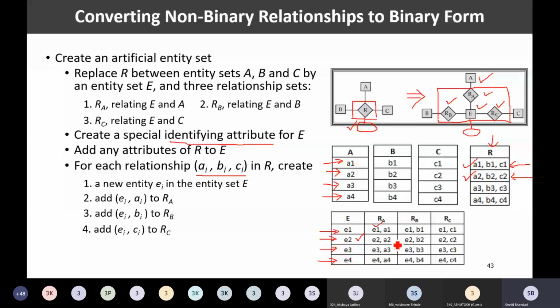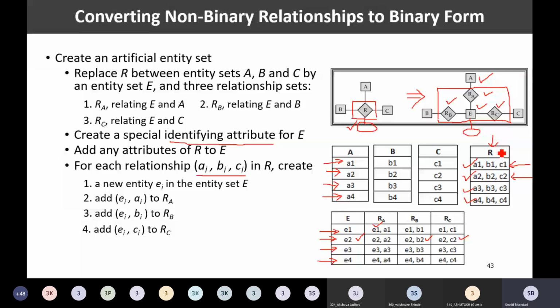E2, A2. In RB, E2, B2. And in RC, I'm going to store E2, C2. And similar is the case for E3 and E4, or these 2 relations, those are being stored in R.